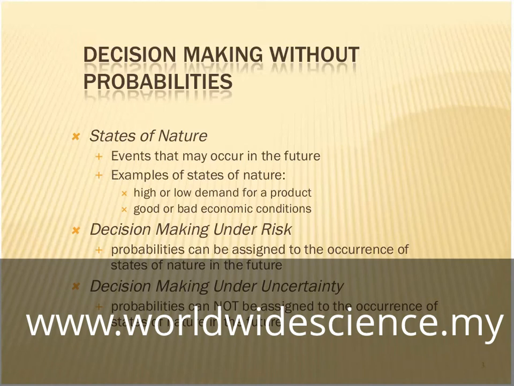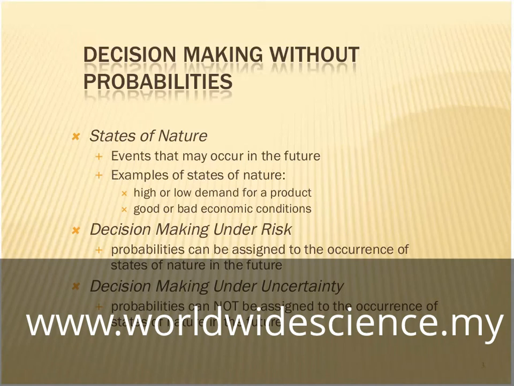So there are two kinds of decision making: decision making under risk and decision making under uncertainty. In decision making under risk, at first the probability should be calculated and then allocated to each of the states of nature. What is a state of nature? The events that may occur in the future.